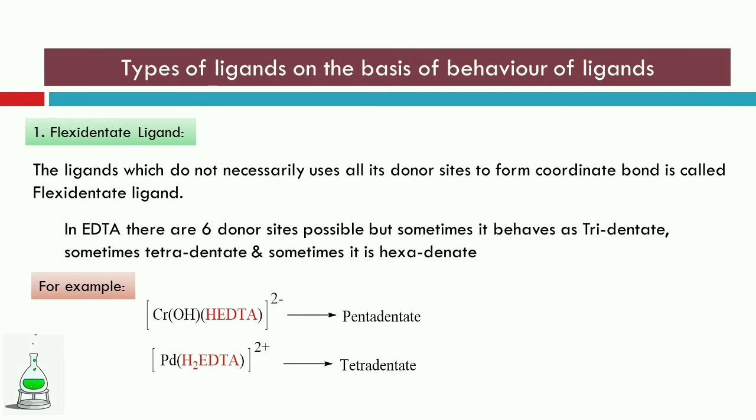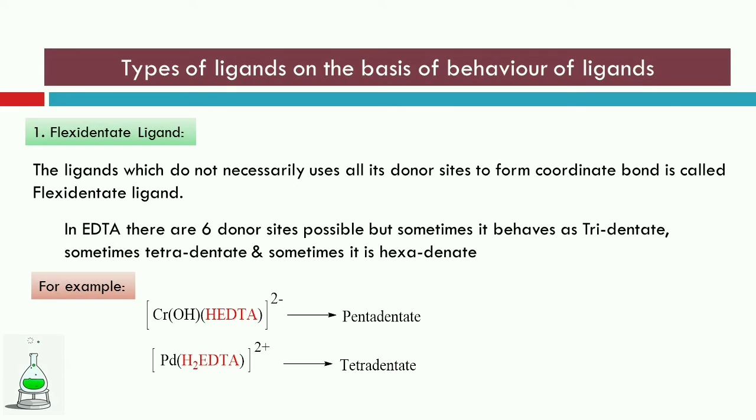In EDTA, there are 6 possible donor sites, but sometimes EDTA behaves as tridentate, sometimes tetradentate, and sometimes hexadentate. For example, in the first chromium complex, EDTA behaves as a pentadentate ligand. In the palladium complex, the EDTA ligand behaves as a tetradentate ligand.